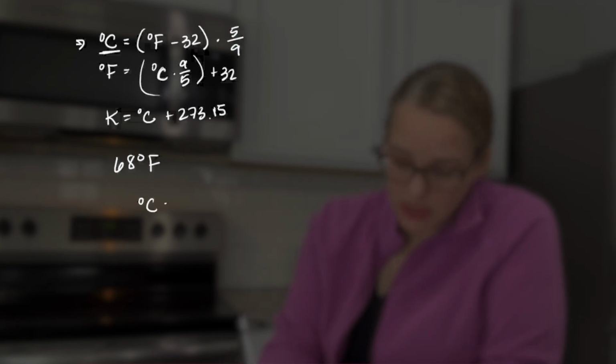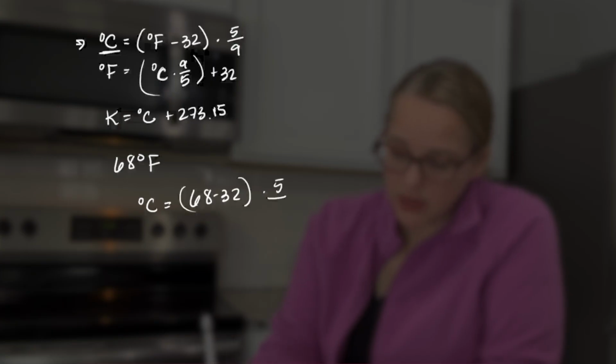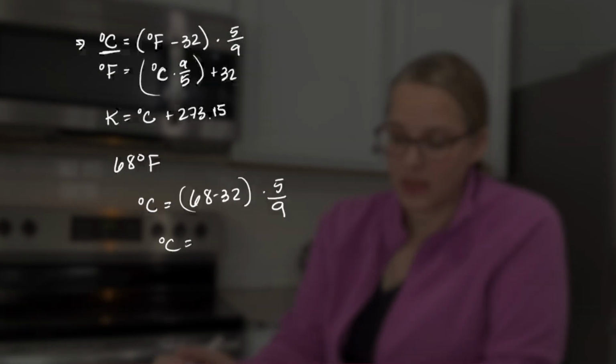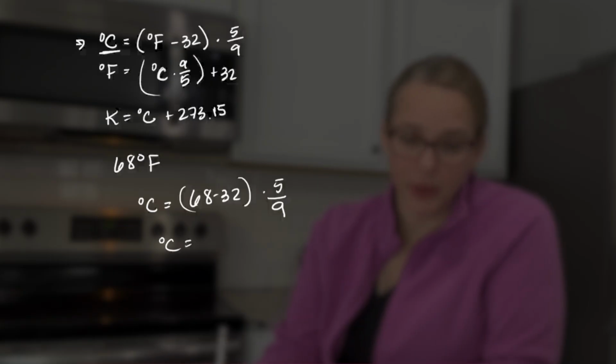So we would say degrees Celsius equals 68 minus 32 times 5/9. Somebody do that math on your calculator for me. So an easy way to do it would be to put in 68 minus 32, then multiply that by 5, and then divide the answer by 9.